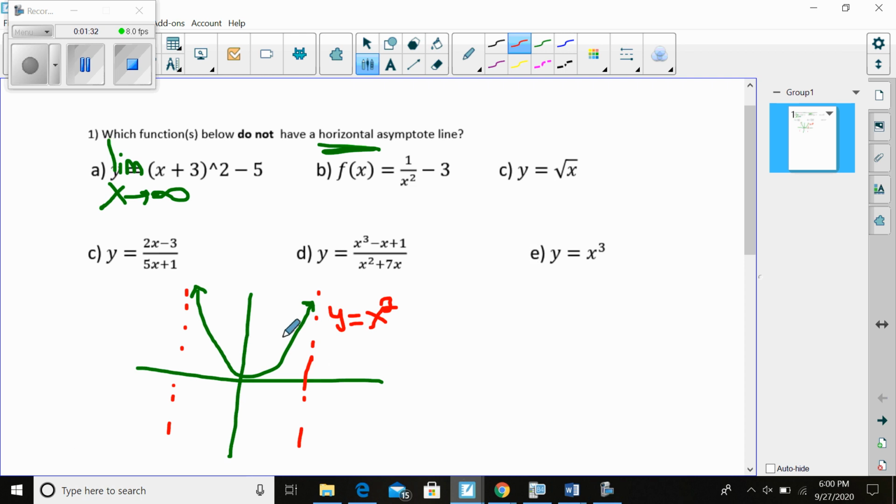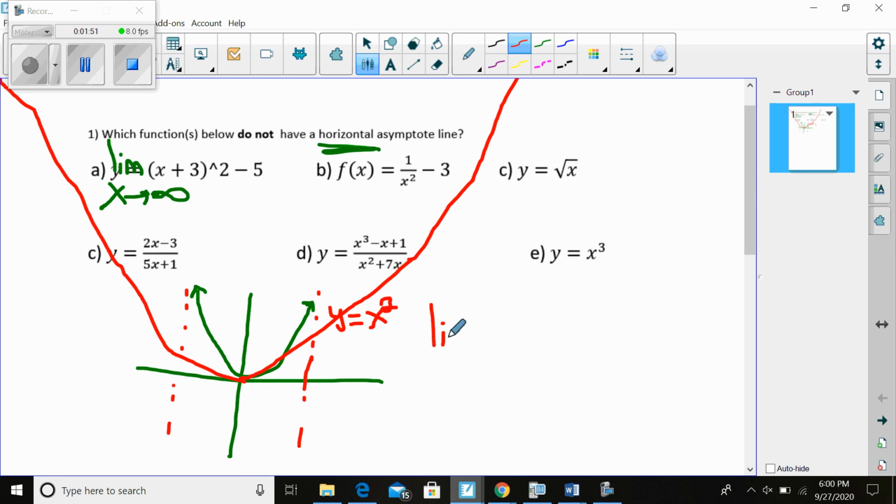Because what really happens to the function y equals x squared is that as x gets larger and larger, this function really is going like this and right up off my page. So as x approaches infinity, for the function x squared, I mean, think of it. I get a huge number and I'm squaring it.